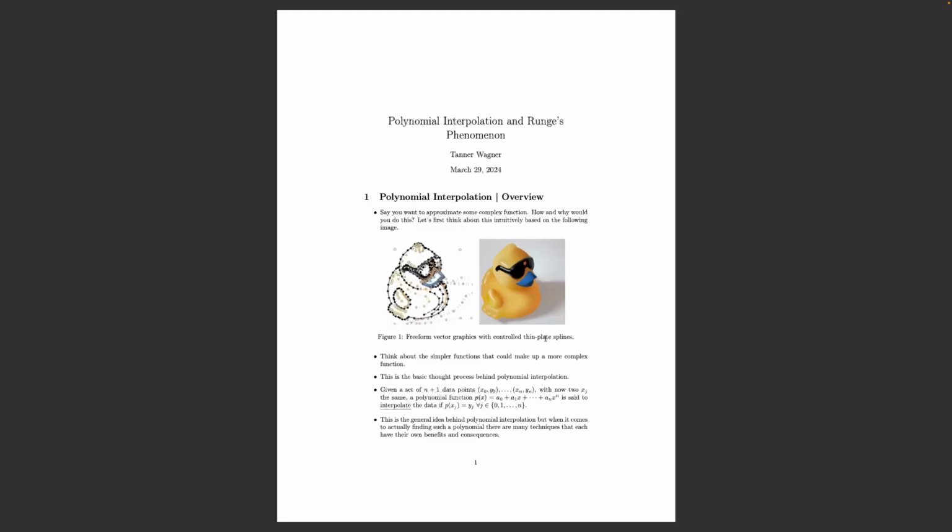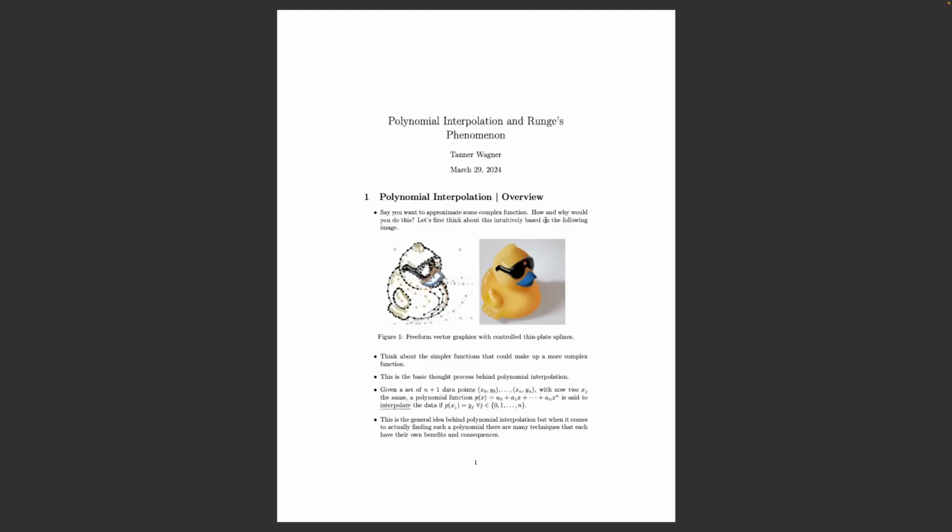But anyway, the first topic, which gets us into everything else, is interpolation. So what is interpolation? Well, let's imagine that you have some complex function, such as a crazy parametric equation that describes some fancy curve, such as maybe this rubber ducky that I included below.